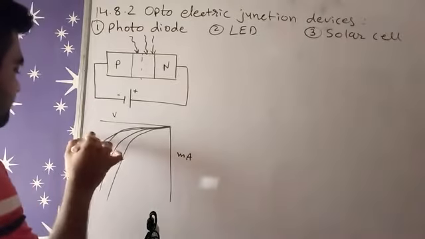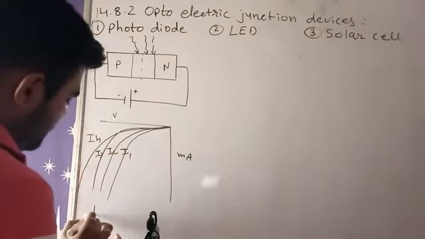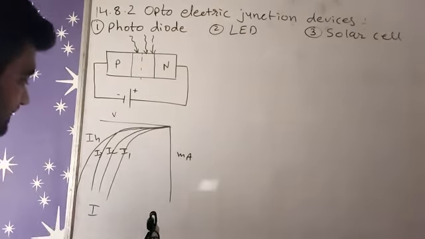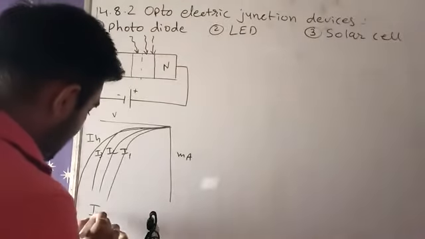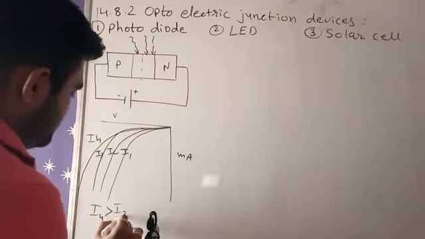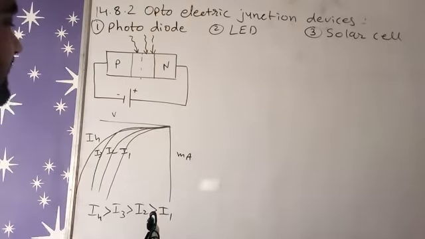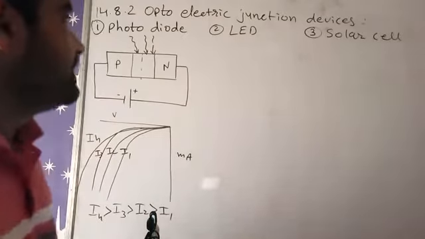So this is I4, this is I3, I2 and I1. So we can say that I4 is greater than I3, which is greater than I2, which is greater than I1. So that is in reverse bias.